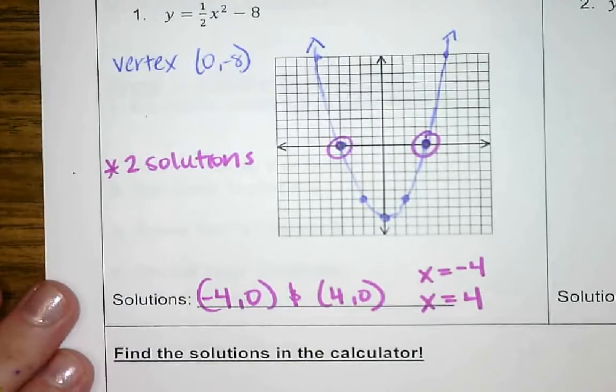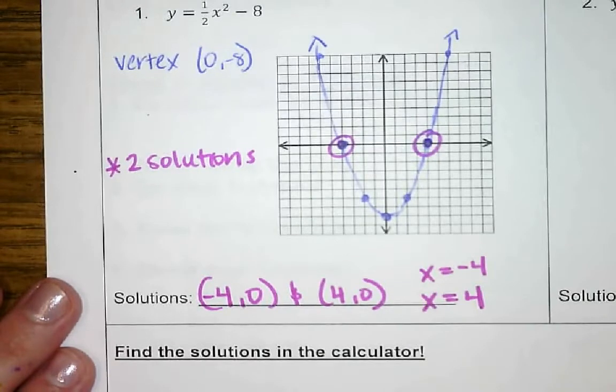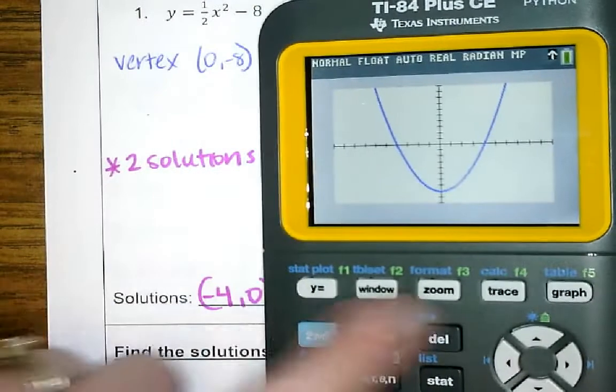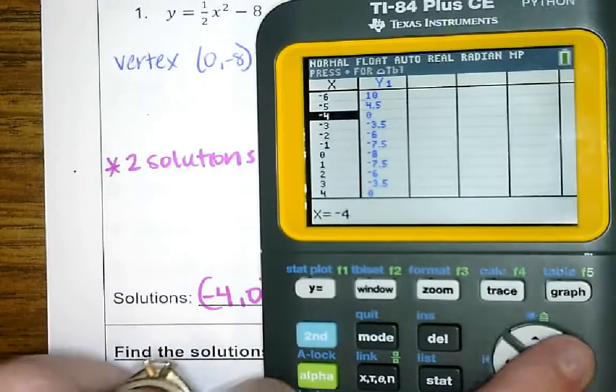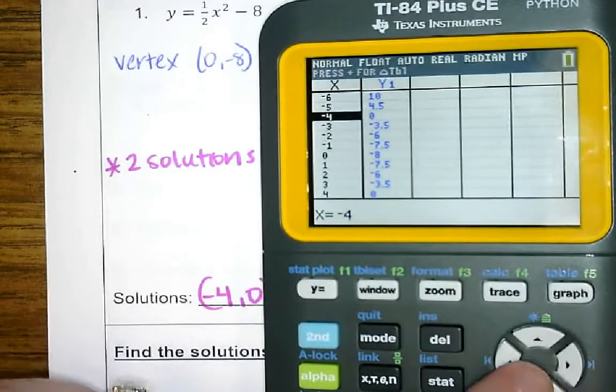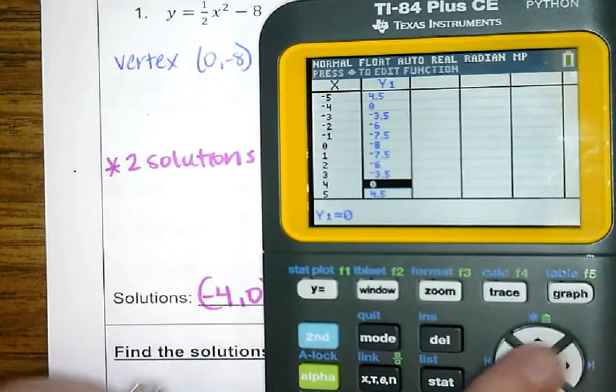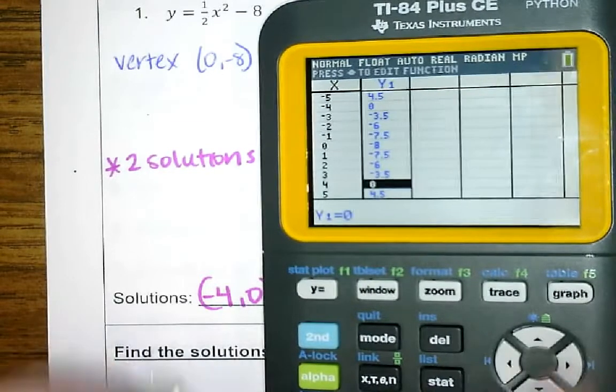You can find that on your table. You can find it by looking at the graph. But this one is pretty clear, right? It's right on those marks, and we can go to our graph and we see negative 4, 0, and we can scroll down and we see that 4, 0 right there. Do y'all feel good about that so far? Yes? No? Cool.